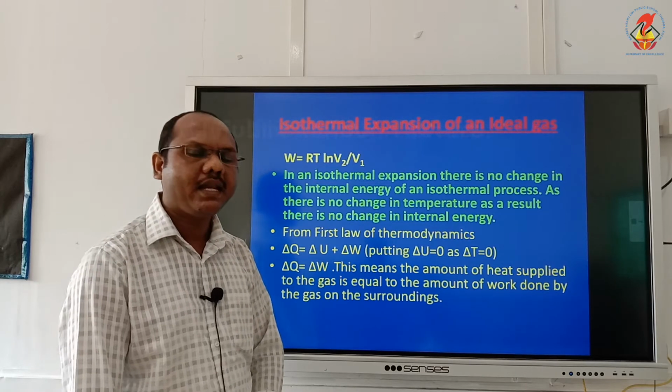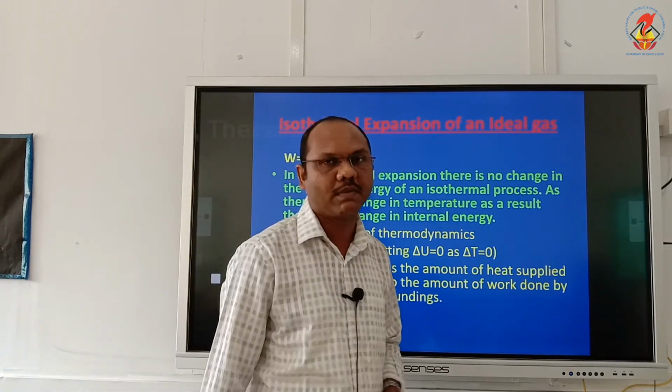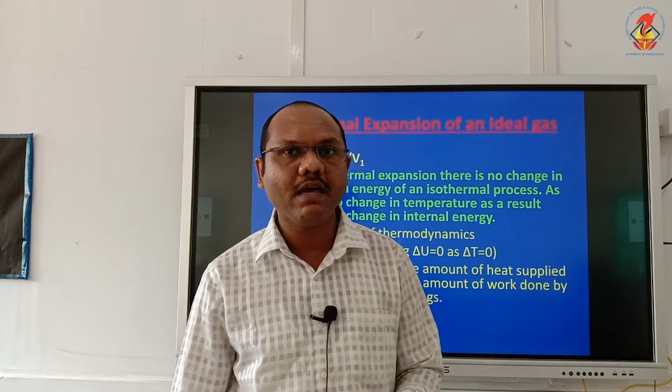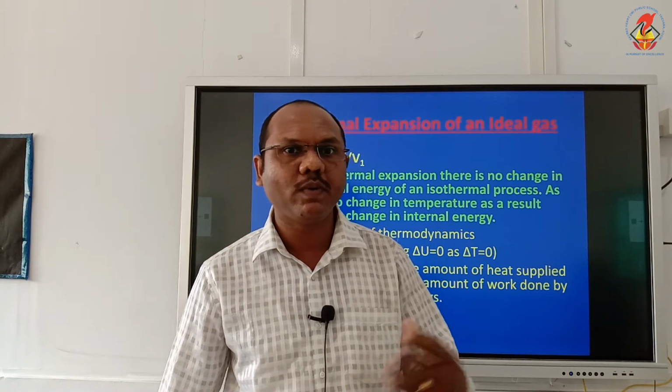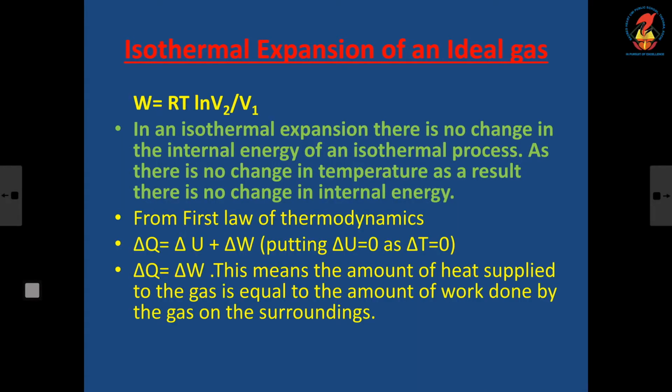Now, how can I apply the first law of thermodynamics to an isothermal process? Delta Q is equal to delta U plus delta W. For an isothermal process, temperature remains constant, which means internal energy is constant.